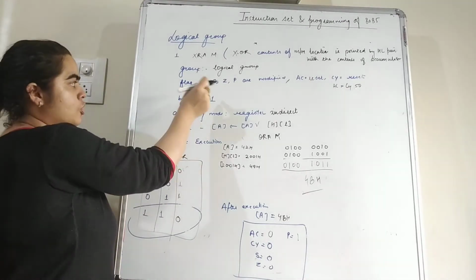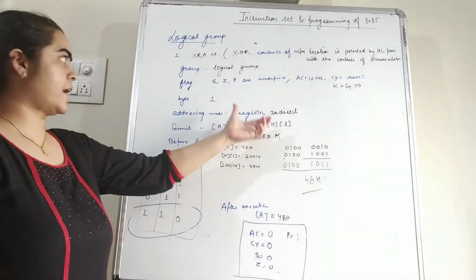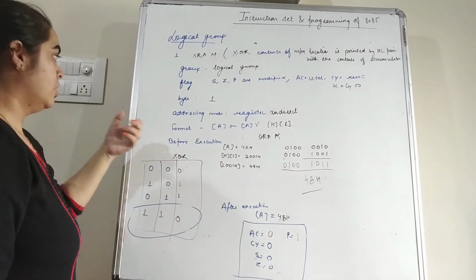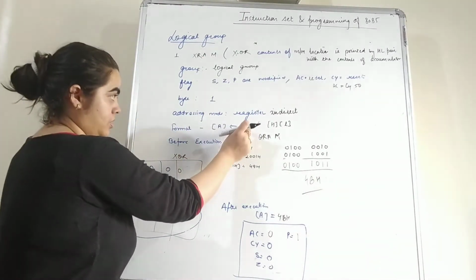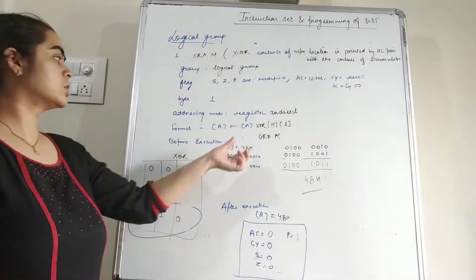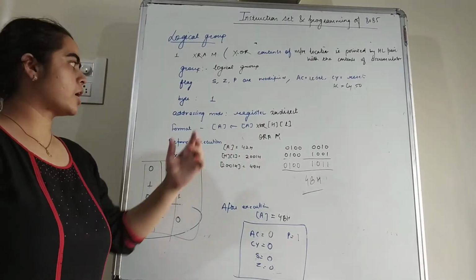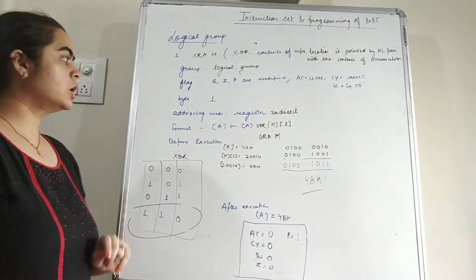How many bytes are occupied? Again 1 byte. Addressing mode is register indirect because M is given here. Format is XOR the contents that is pointed by the HL pair with the contents of the accumulator, and the result is stored in accumulator.